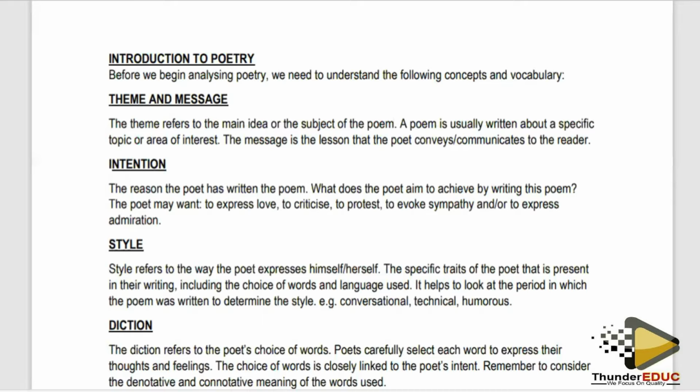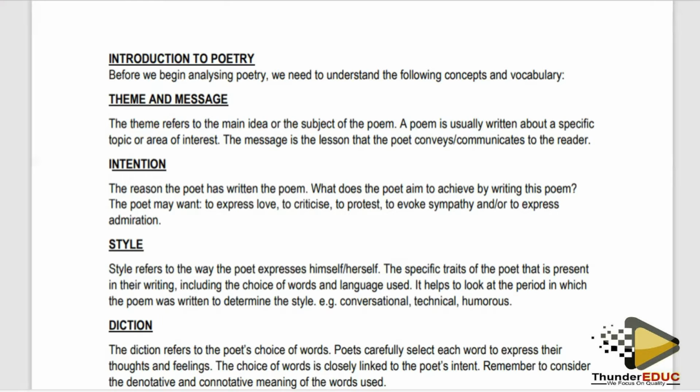The theme and the message is the first one that we'll touch on. The theme refers to the main idea or the subject of the poem. Remember, a poem is usually written about a specific topic or areas of interest. The message is the lesson that the poet conveys or communicates to the reader. So when we say the theme, we're talking about what the content is based on.